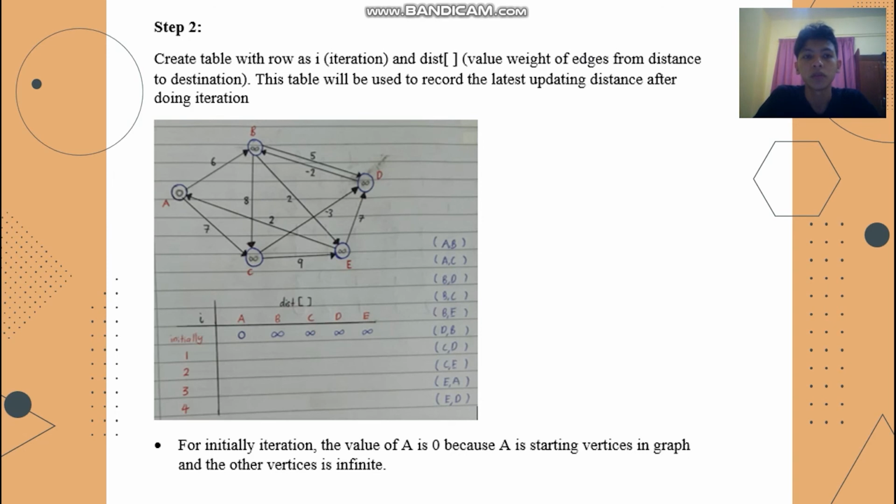For step 2, we need to create a table, where the rows have I for iteration, and a distance array for the weight value of the edge from source to destination. We can see in the picture that vertex A has value 0, so A will be the starting vertex in the graph, and the other vertices will remain infinite because we don't know the value.